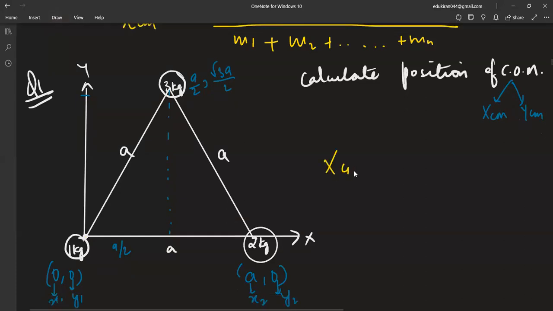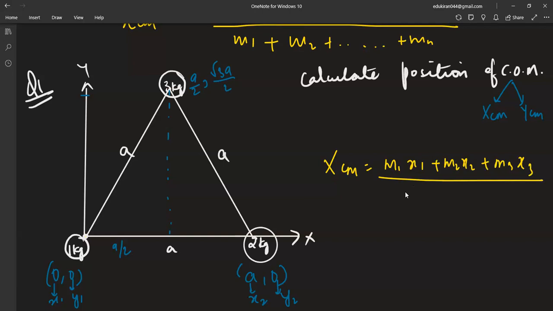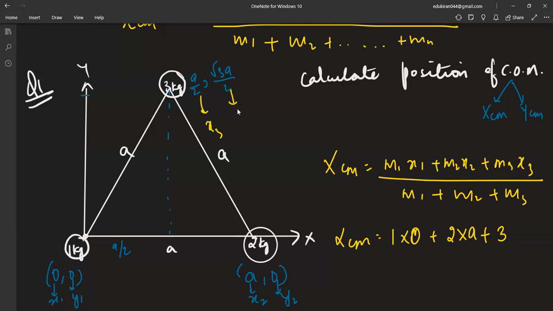Let us solve this. This is m1 x1 plus m2 x2 plus m3 x3 divided by m1 plus m2 plus m3. Now, what is m1? First mass is 1 kg. What is x1? This is 0. Plus m2, mass is 2 kg. What is x2? This is a. m3, that is 3 kg, multiplied by x3. x3 is a by 2.